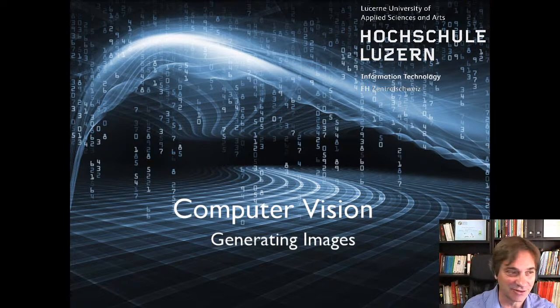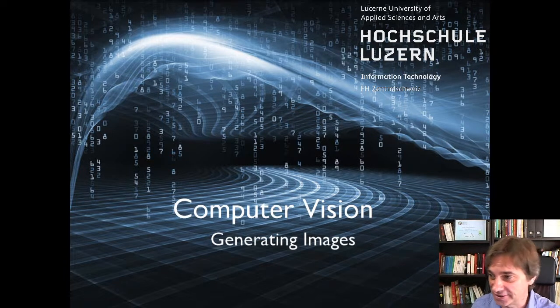So I would like to discuss a little bit what the trends and the typical possibilities are to design a neural network, and then in the second larger part we will look at generating images.